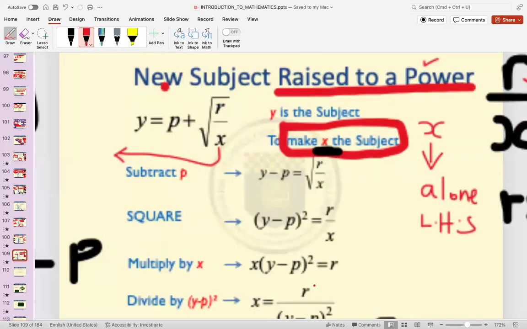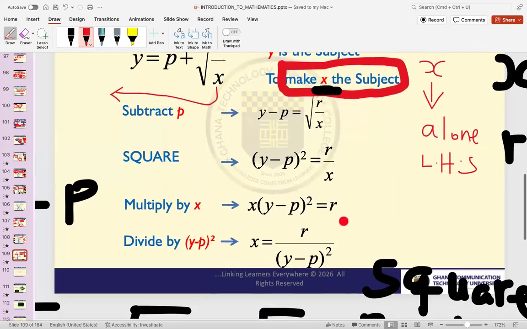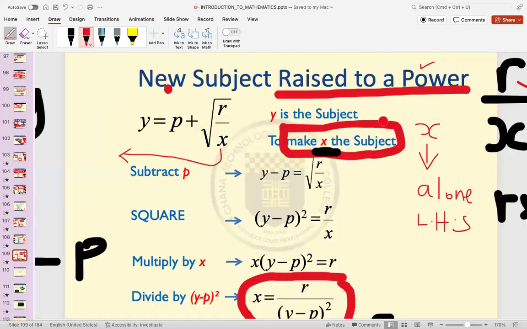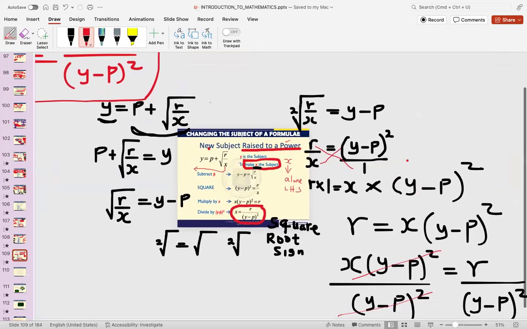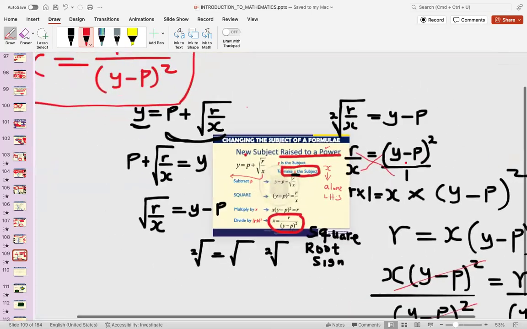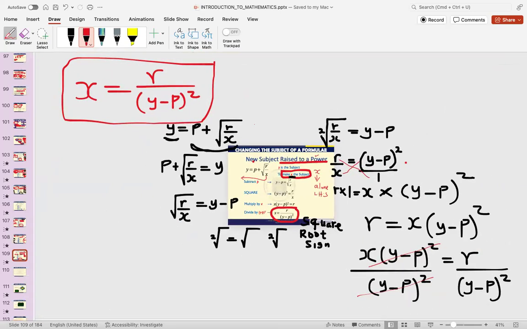And that is the answer we are seeing here. Any question about this long solution?